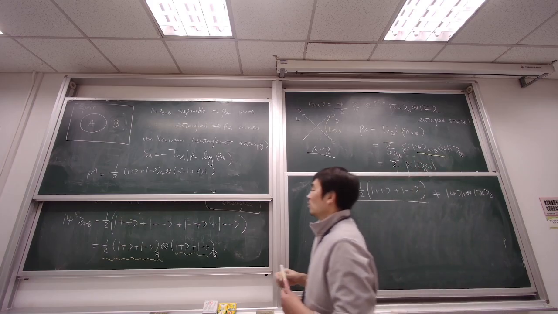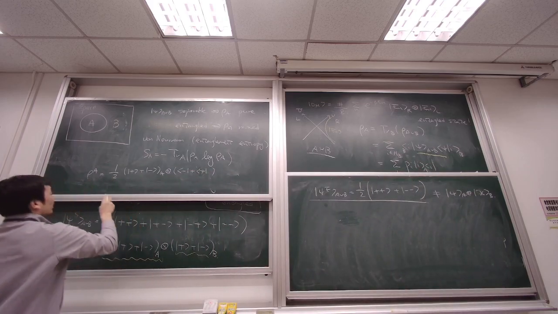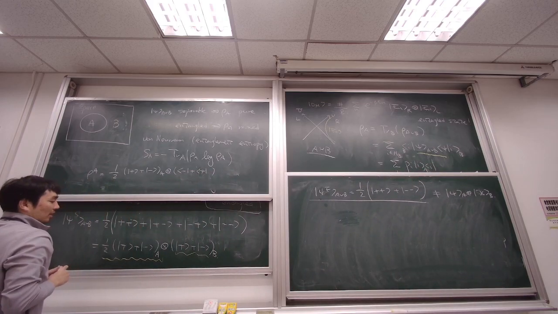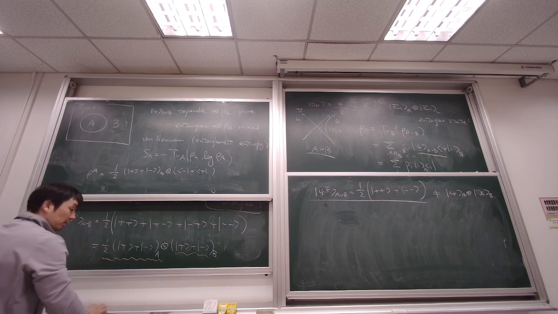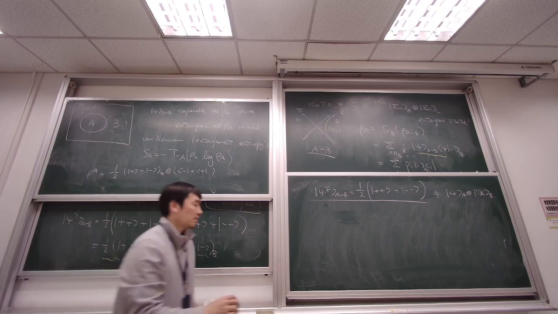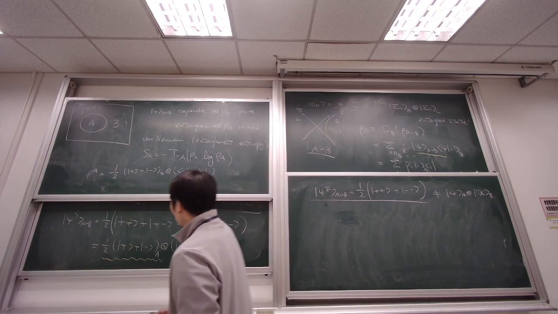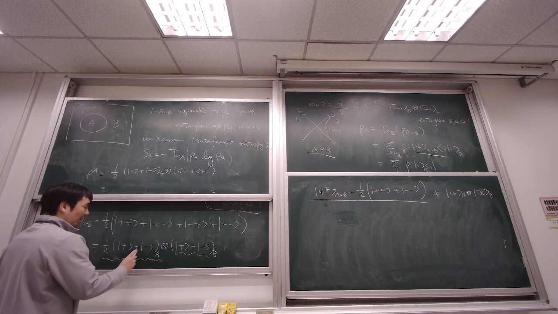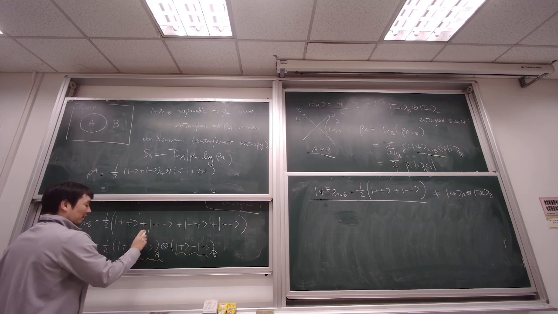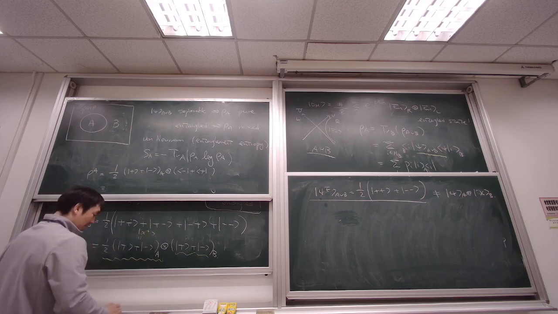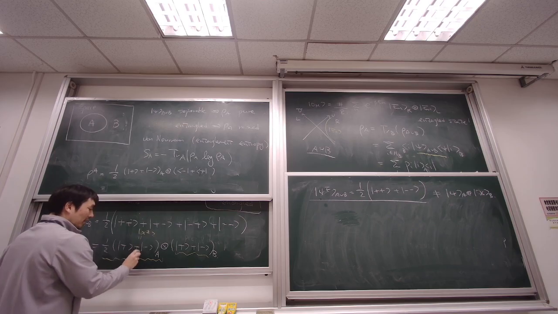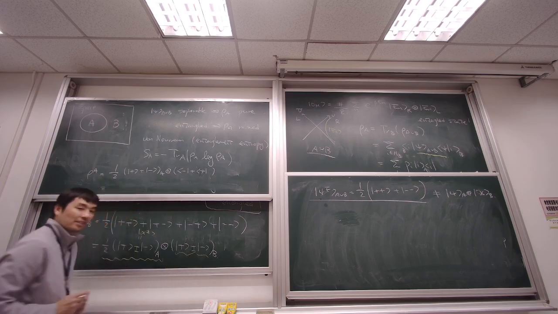So what I need to do for rho A is this. I call this one psi alpha plus, and psi alpha minus is like this way.